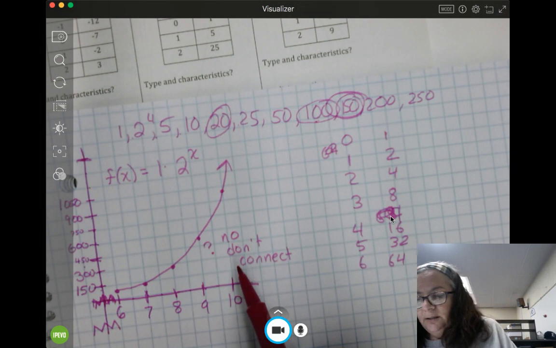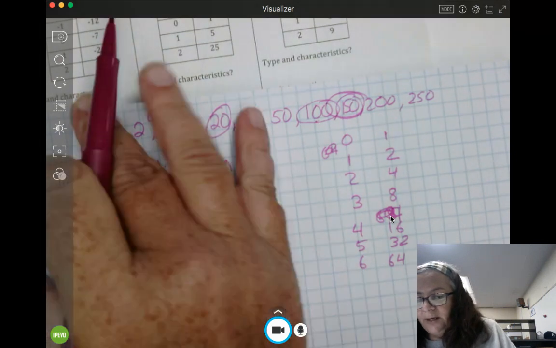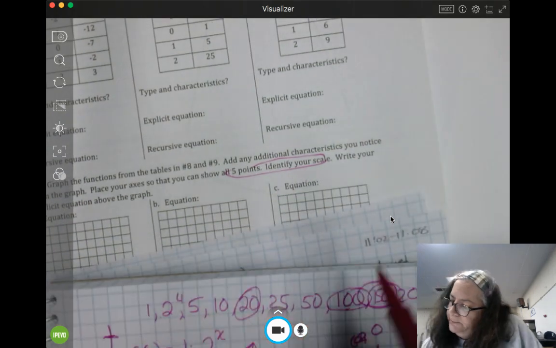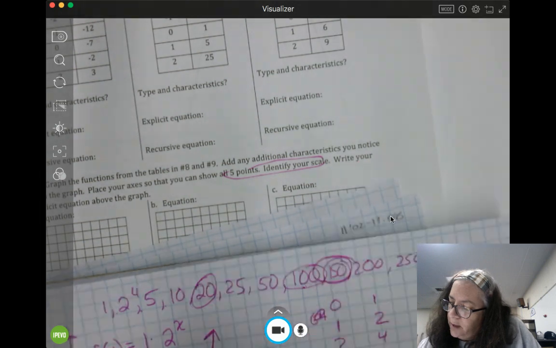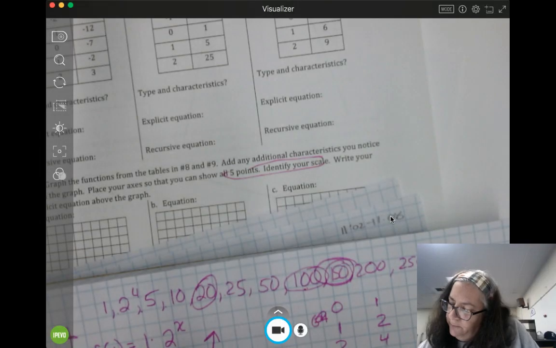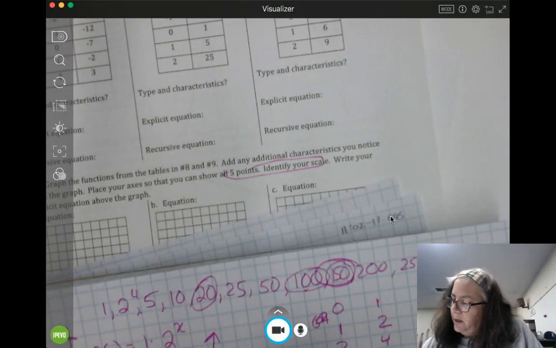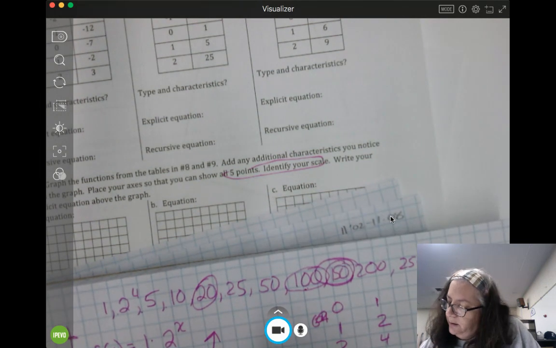Finally, they said to list the characteristics in the table that helped us identify. Oops, that was the wrong one. Finally, they said, add any additional characteristics you notice from the graph. So I'm going to put that I noticed that it's a curve, and this rate of change, you can't see that.